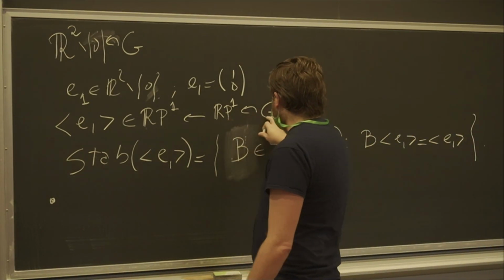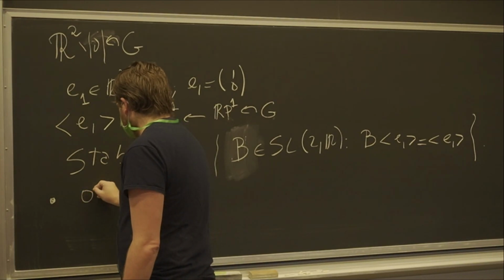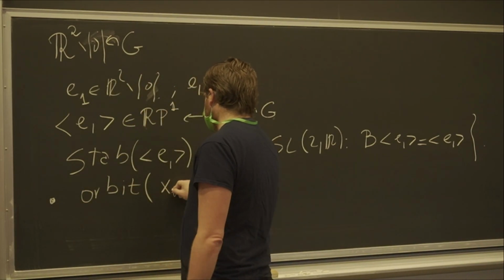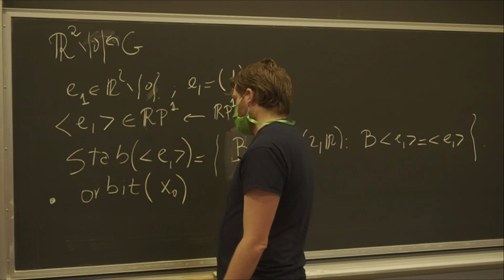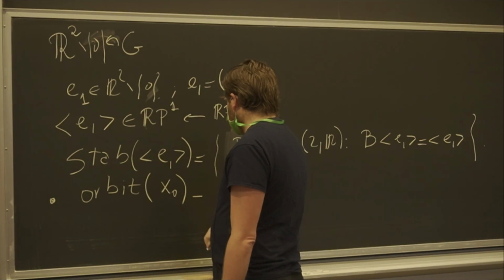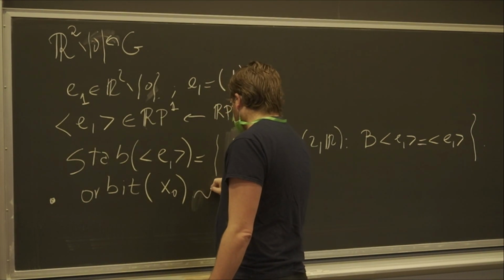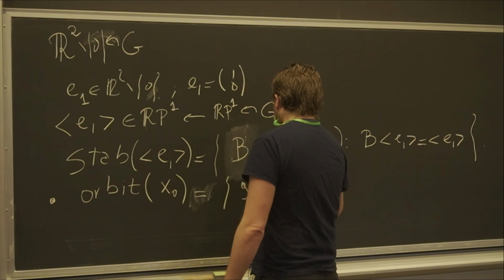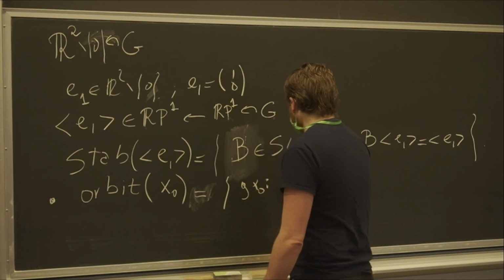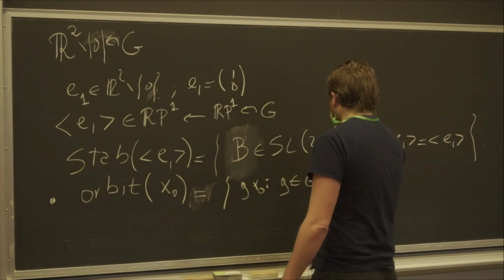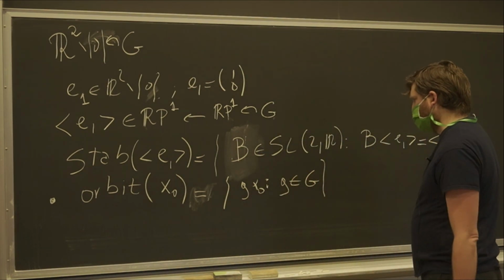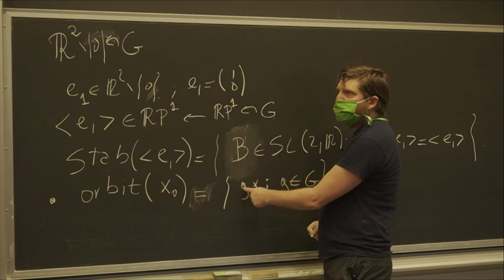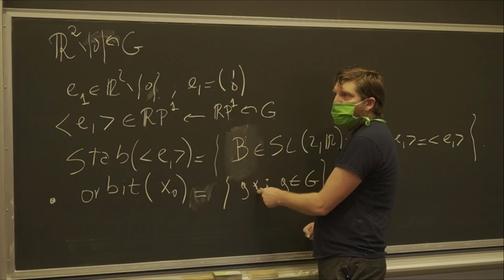Whenever I have this action, the orbit of any point, let me call it x naught, is the set of g x naught such that g in G. I denote in general the actions, when there is no confusion, just as multiplying g by the point.